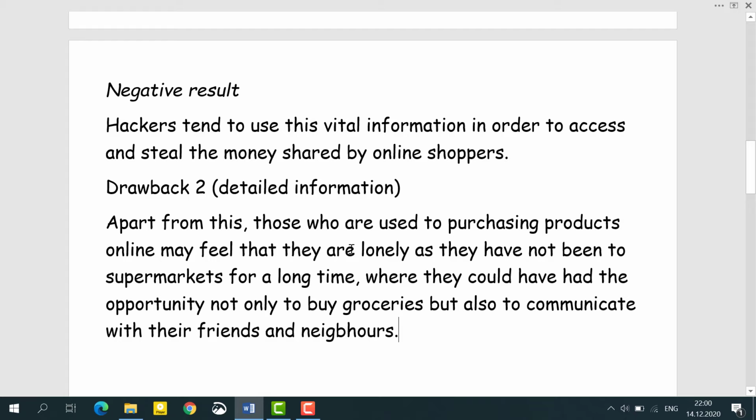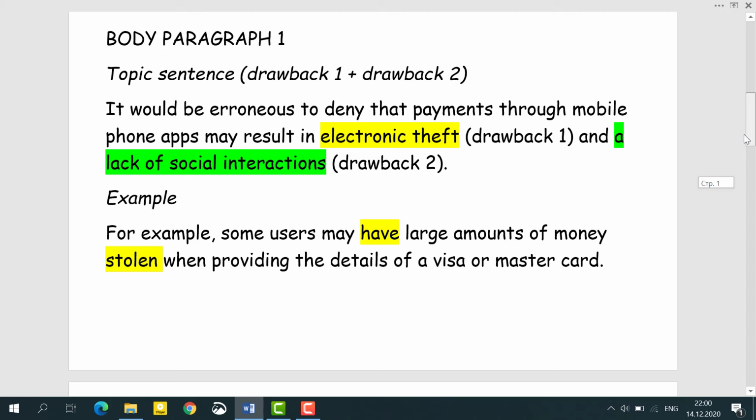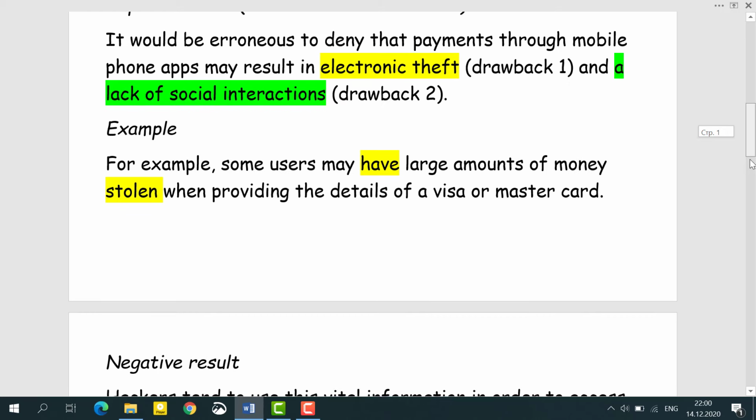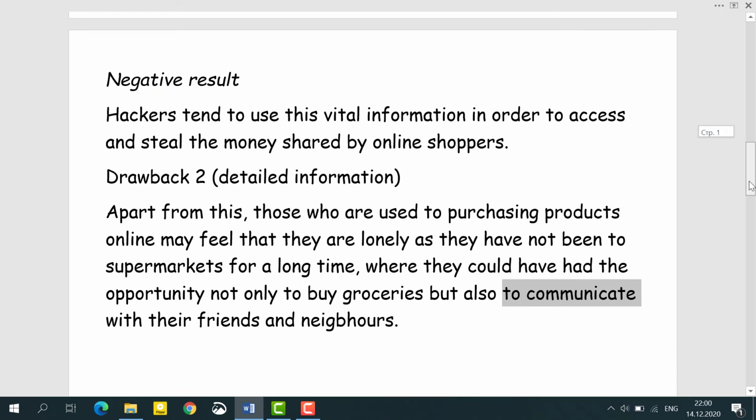Okay? So, we're talking about lonely and being lonely, and we're talking about not communicating with their friends and neighbors. We're talking about the same thing. And now if you look at our first sentence, which is topic sentence, here a lack of social interactions.